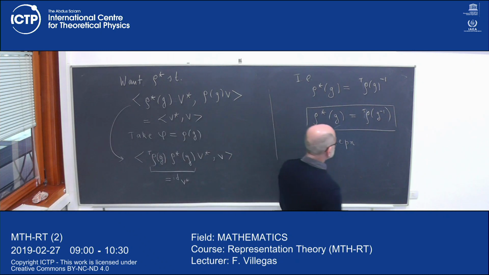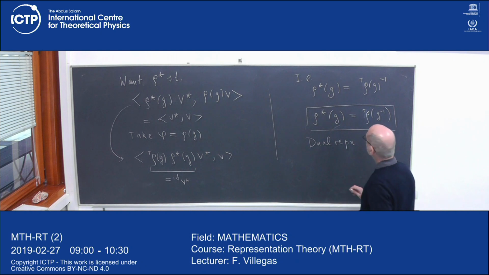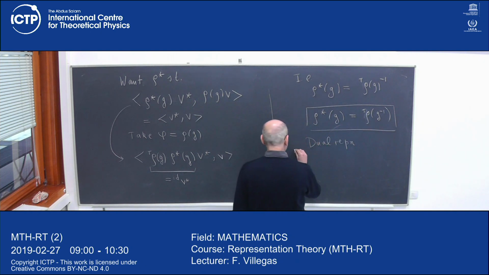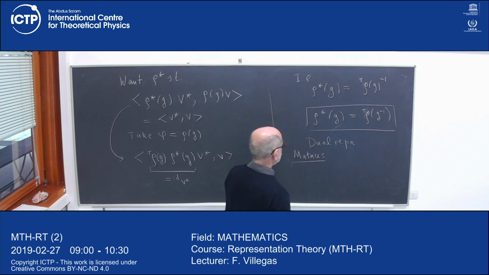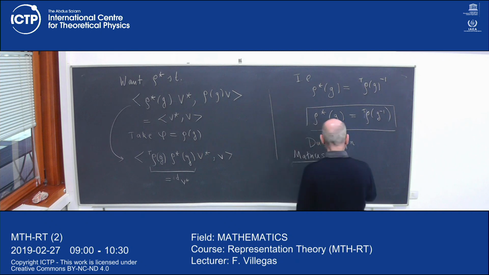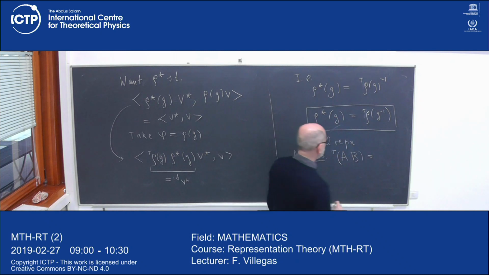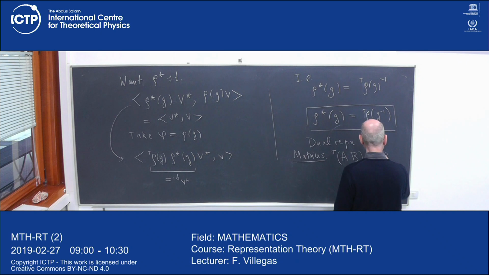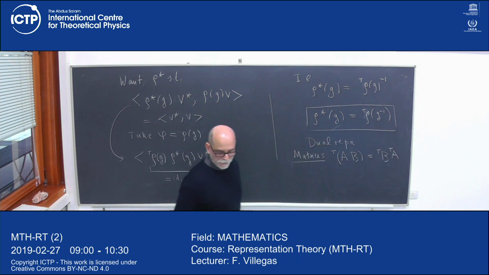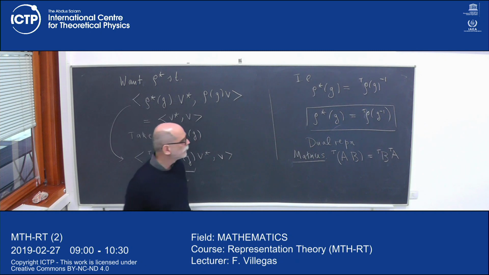Now perhaps the thing to note is that if you think concretely in terms of matrices, you know that the transpose of the product of the matrices is not a homomorphism, but rather it behaves like this. Yeah?